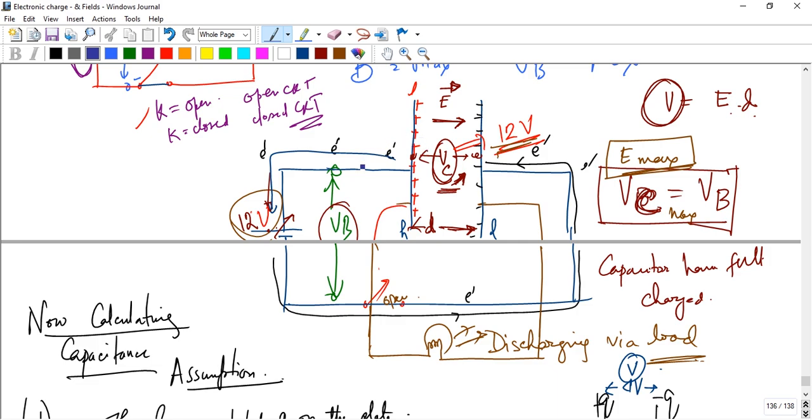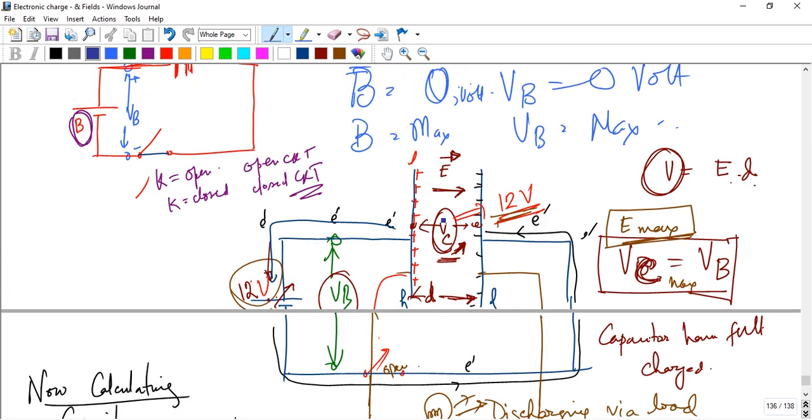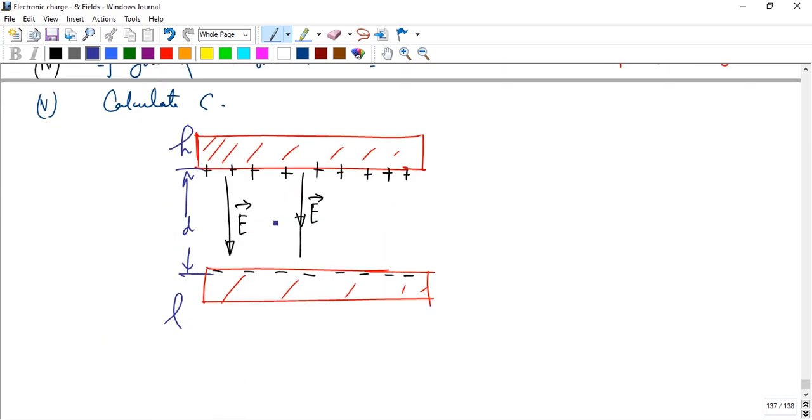If I say plate, it means the surface, and that surface is equipotential, and the negative plate L is also a surface, also equipotential. Now, this area means the area of the lower surface, that is A. This surface contains plus Q charge, this surface contains minus Q charge.